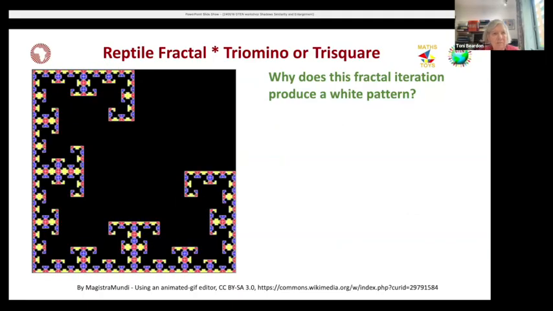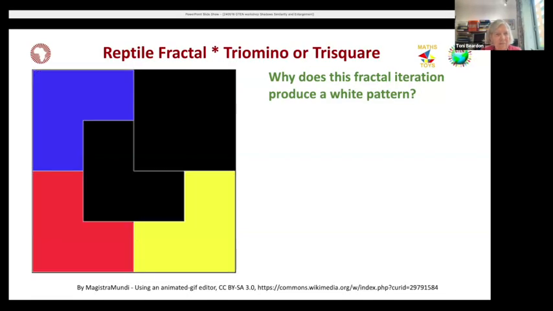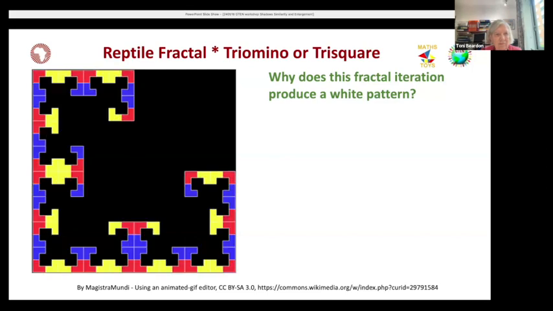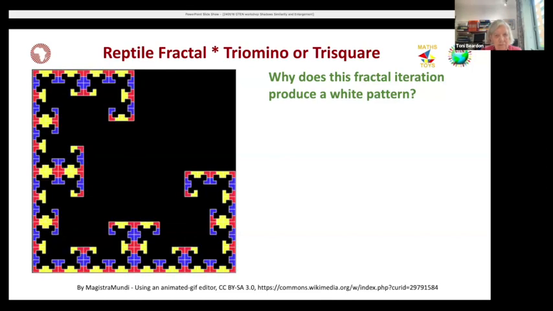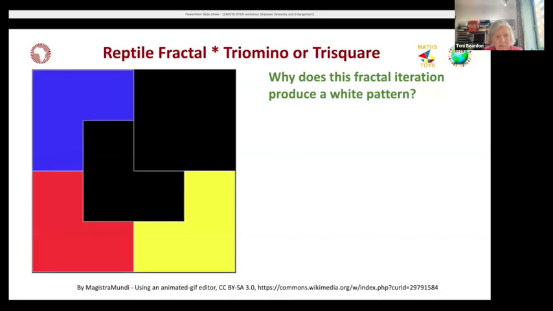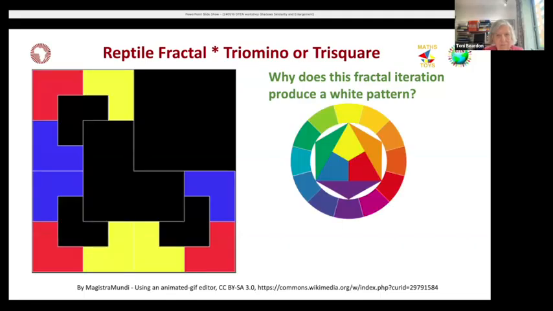We're looking at a reptile fractal. As it gets into more and more detail, it turns, as you've seen several times now, white. The red, yellow, and blue, when they're at a small enough scale, it's like the presence of all colours, it turns white.